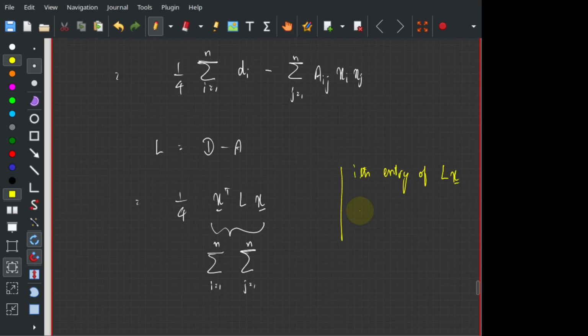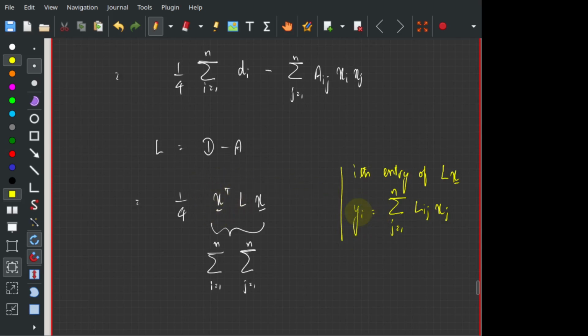So it is summation over all j Lij xj. This is the ith entry of Lx. Let me call it yi.